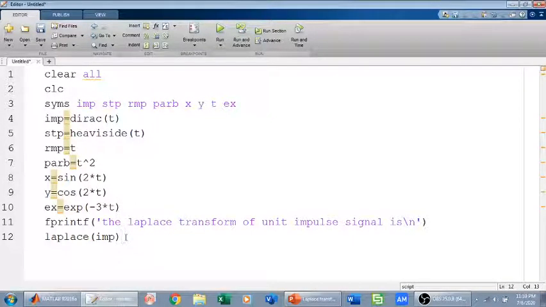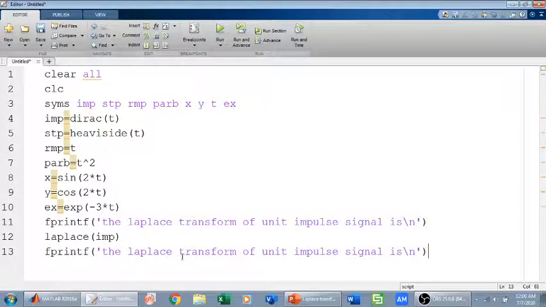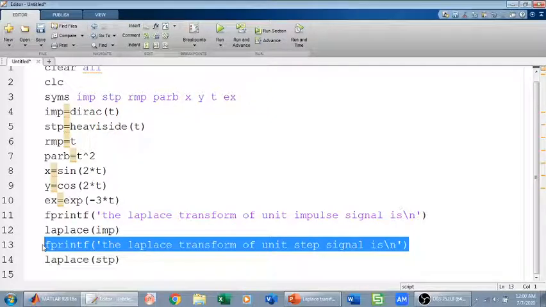So this will give me the Laplace transform of unit impulse signal. I can again print for the unit step signal. Unit step signal is Laplace of step. Step is assigned a variable name STP. So I have defined Laplace of step, and then I will go on and define others as well.